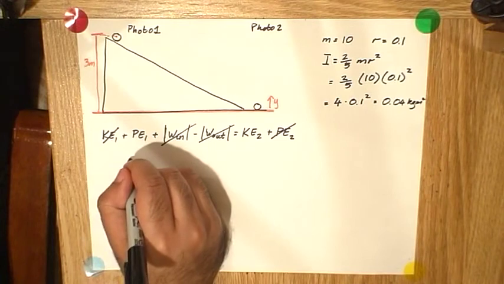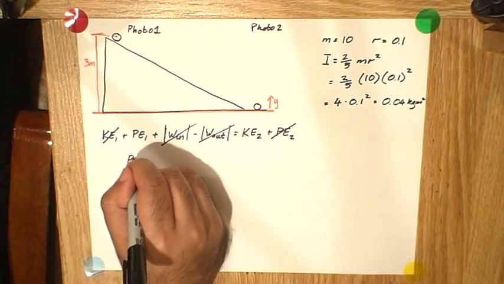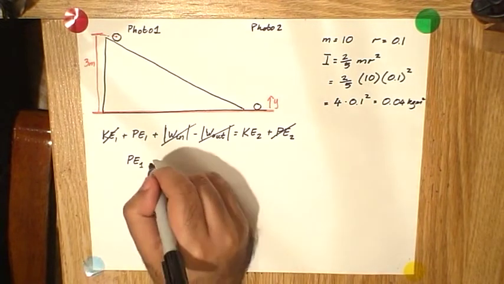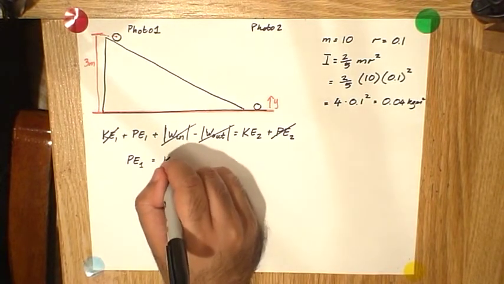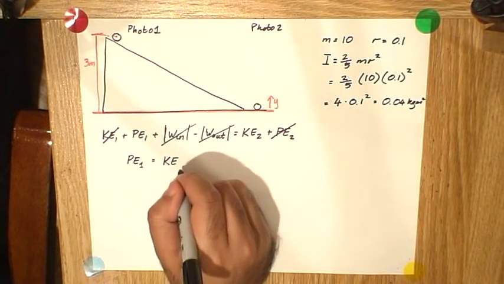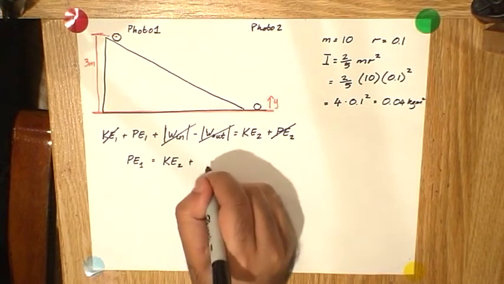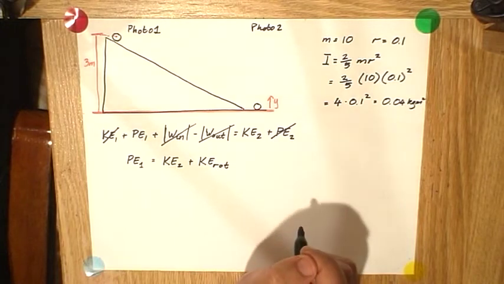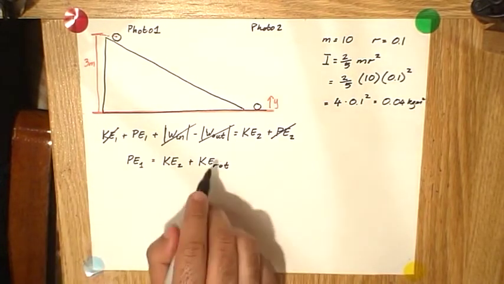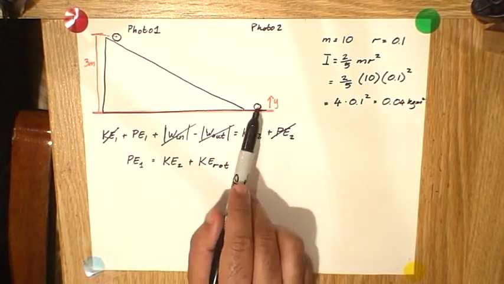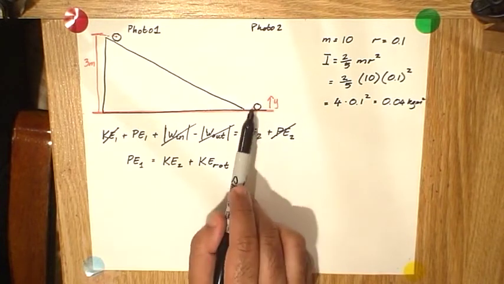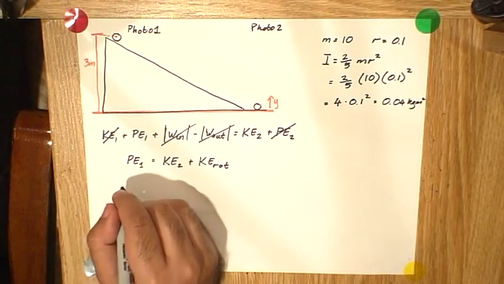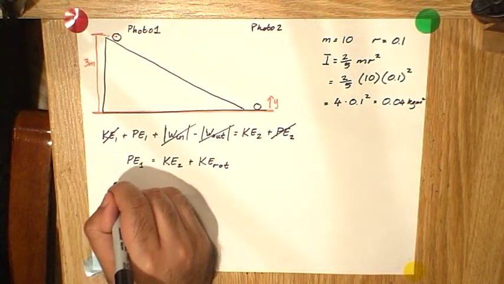So if we were to simplify, we can say that the potential energy due to gravity in photo 1 is equal to the KE due to translation in photo 2 plus the KE due to rotation in photo 2. Because this ball is both moving horizontally but also spinning at the same time, we have to account for both.